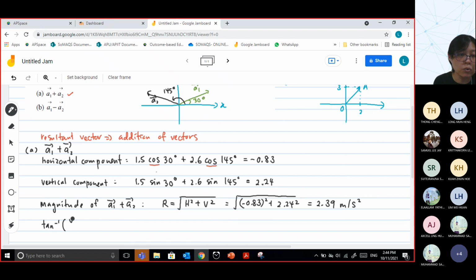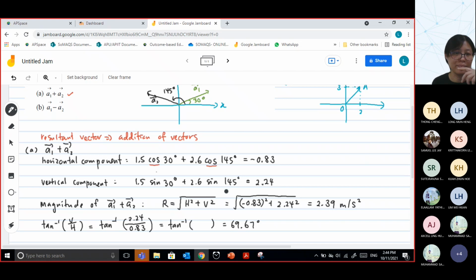So V over H, for your recap, which is 2.24 divided by 0.83. And how about the angle? The basic angle first gives you 69.67. Yes, correct.